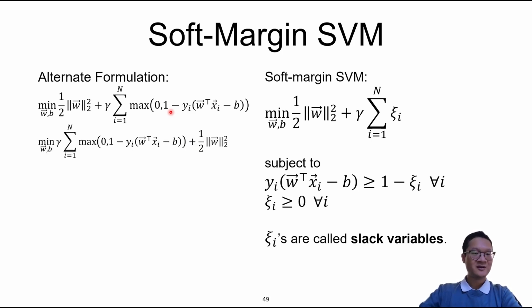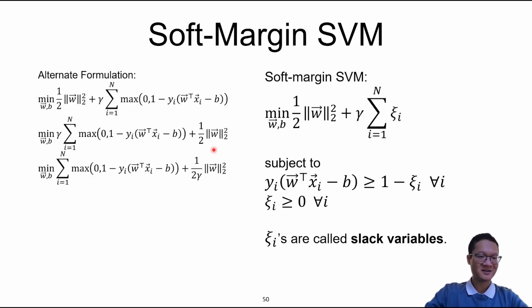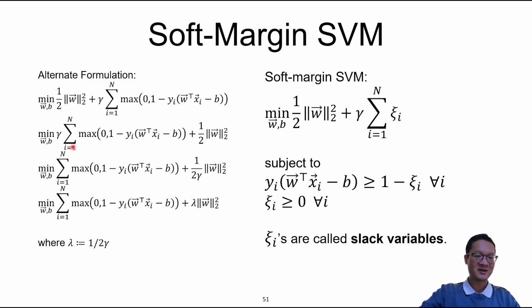We then rearranged the terms and put the summation first, and the plus 1/2 the 2-norm of W squared after that. Then we divided by gamma, because that doesn't affect the optimal solution, and we renamed 1/2 gamma to be lambda.